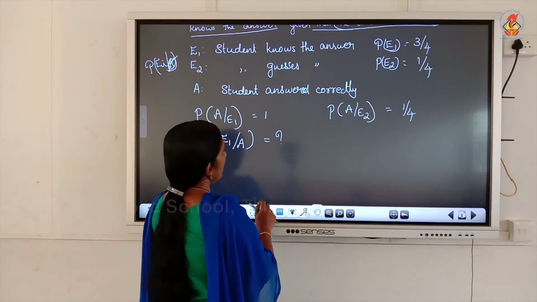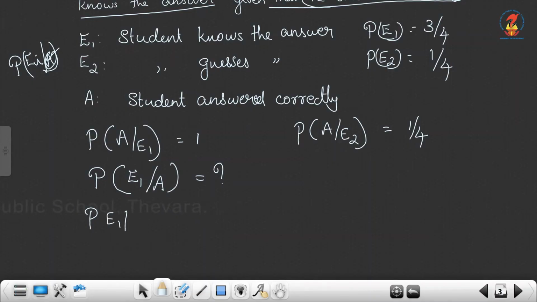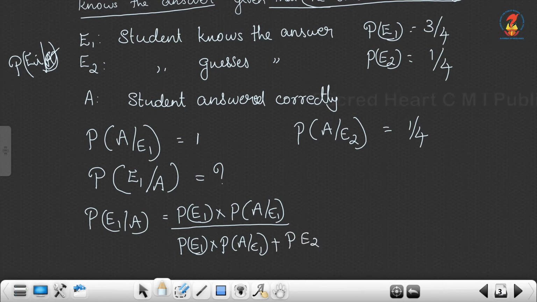P of E1 given A is equal to P of E1 into P of A given E1 by P of E1 into P of A given E1 plus P of E2 into P of A given E2.